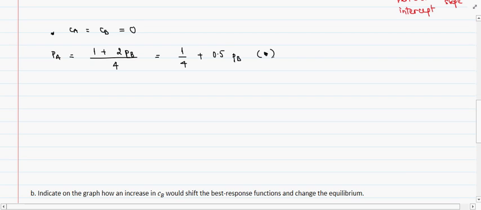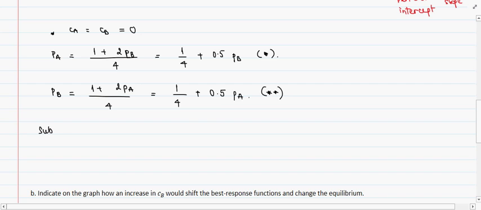So this is my first equation. Now the second best response function is PB equal to (1 plus 2 PA plus 2 CB) divided by 4, and in this case it's just going to be 1 on 4 plus 0.5 PA. And this is the second, the double star equation.